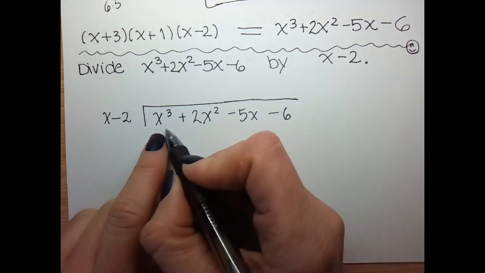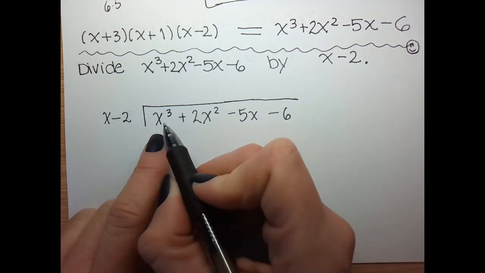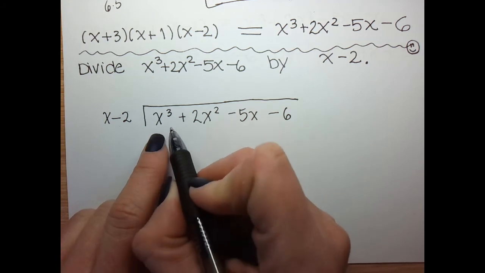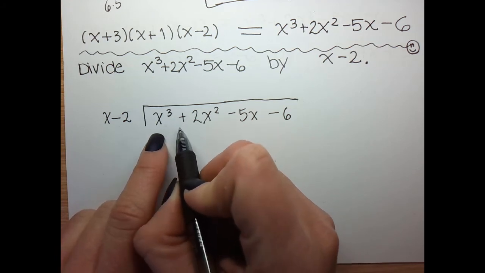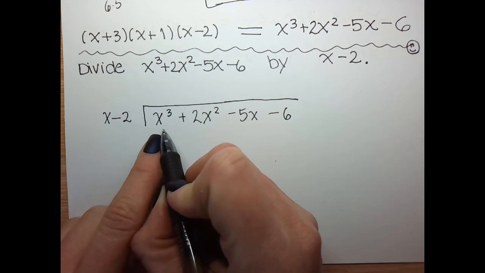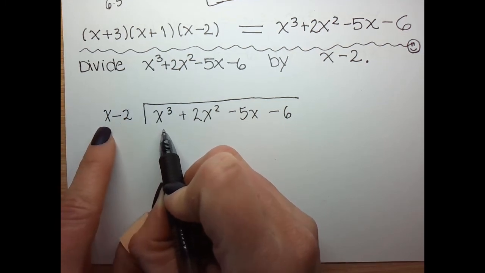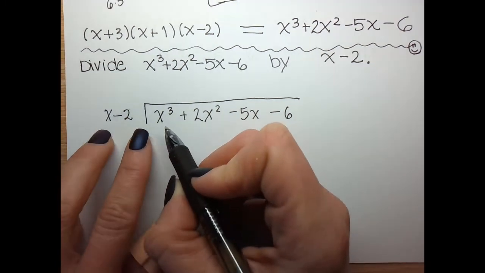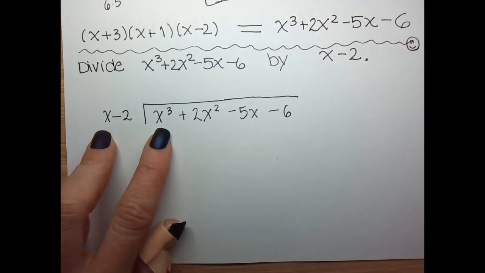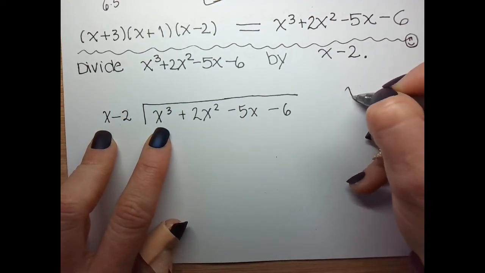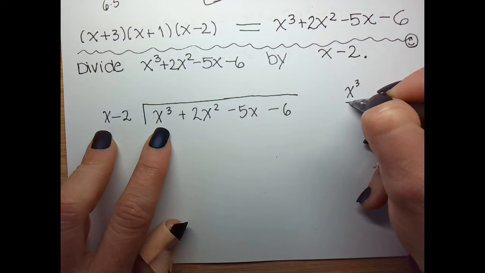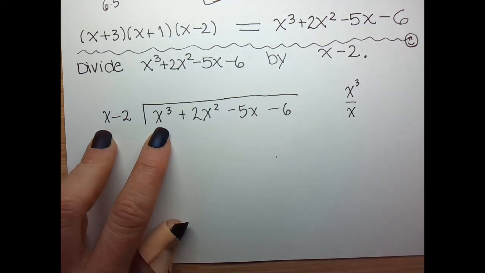We're going to start with the first term, like how Isabel said to try the 1. But the thing that's a little different is we're dividing it by this first term. So on the side, we're going to divide the leading term of the inside by the leading term of the outside.